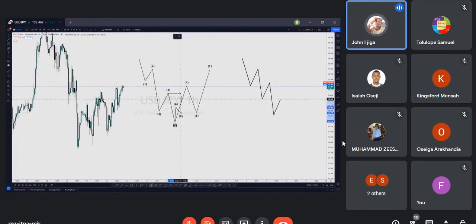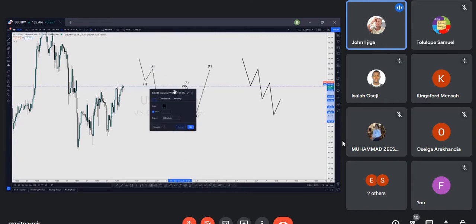Please pay close attention, this is where things get complicated. If you don't pay attention from here, you might get lost. Wave A has to be formed of 1 2 3 4 5, because it's an impulsive wave. An impulsive wave is 1 2 3 4 5, so it has to be formed of 1 2 3 4 5.